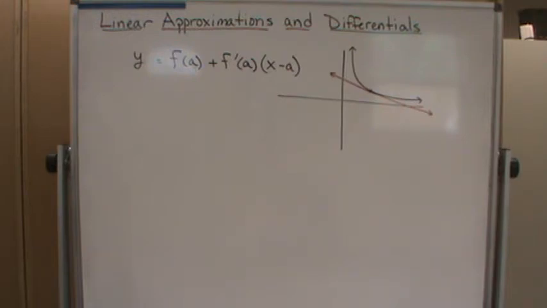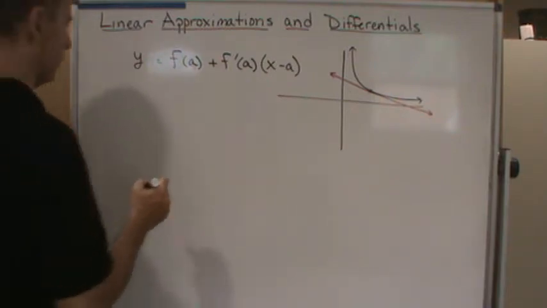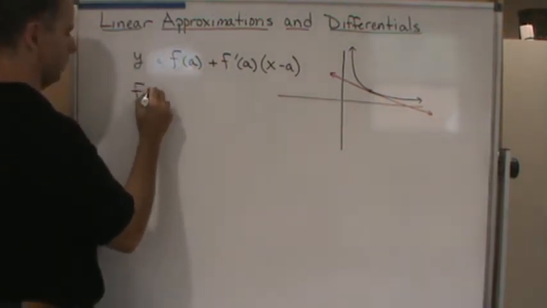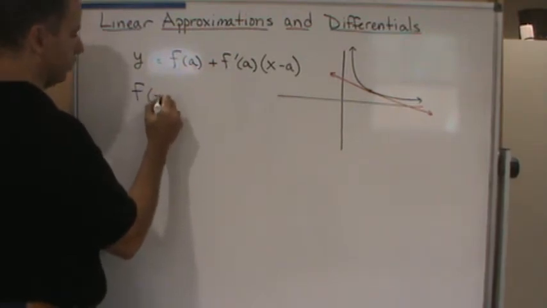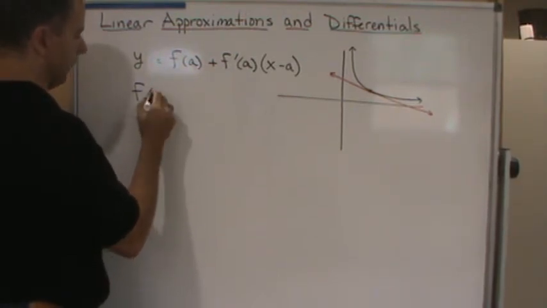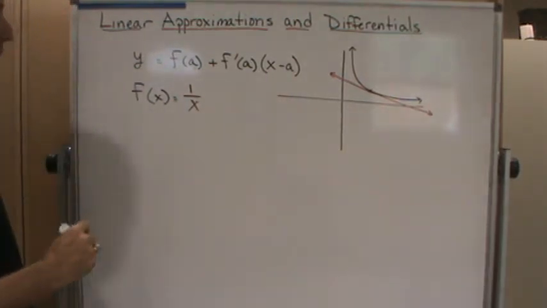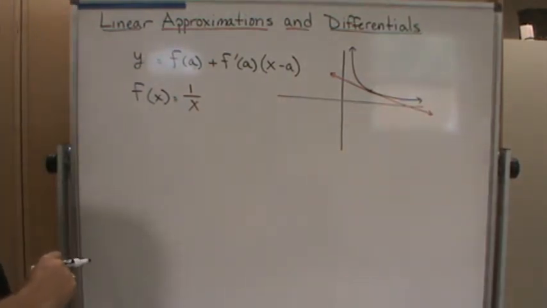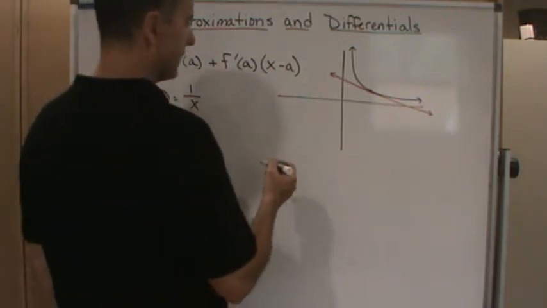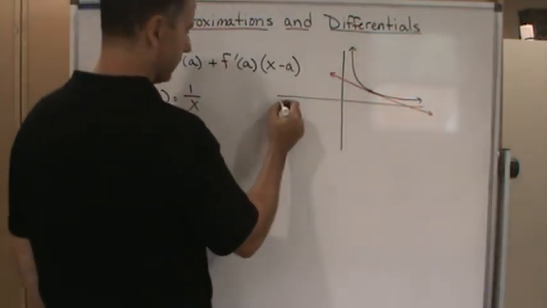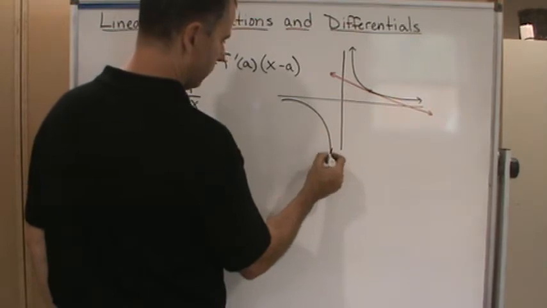Now, let me give an example. Let's use f of x equal to 1 over x, the reciprocal function. The reciprocal function looks maybe like this. I'll complete the graph here.